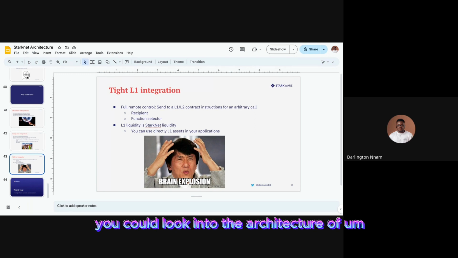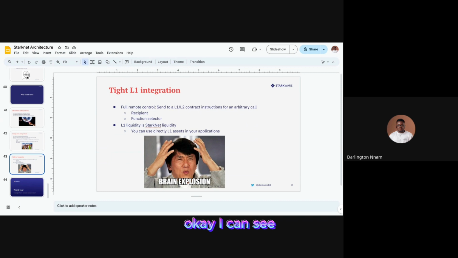You could look into the architecture of YAB, yet another bridge on Starknet. They came up with a means to circumvent this using Herodotus proofs. But like I said, it doesn't negate the fact that liquidity on Ethereum is available to Starknet developers.